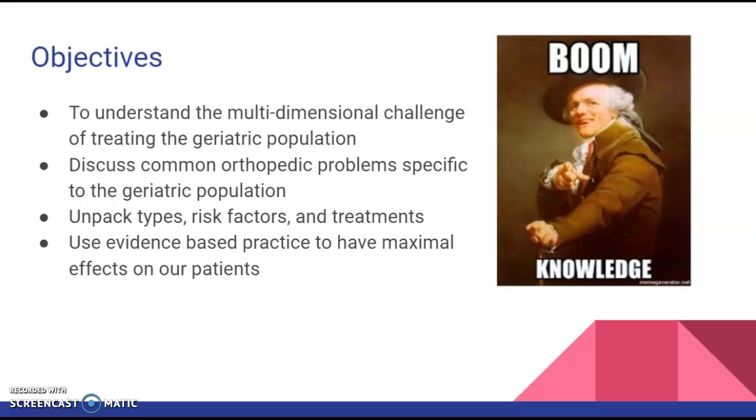And within each of those categories, we will unpack the different types, risk factors, and treatments for each of these different impairments and issues that this population deals with. And ultimately, the goal is to use the different articles and evidence-based practice to have the maximal effect on our patients, and as my guy over here on the right says, gain some knowledge.